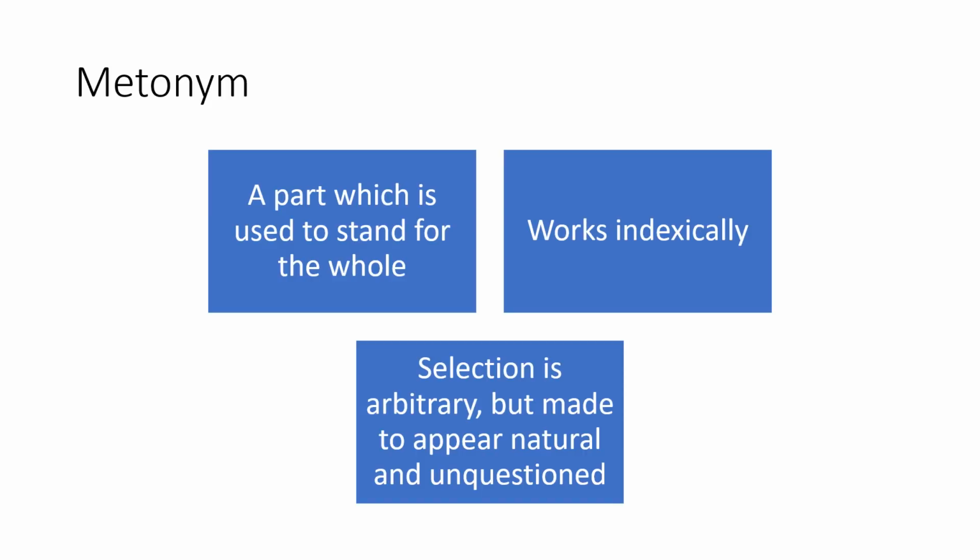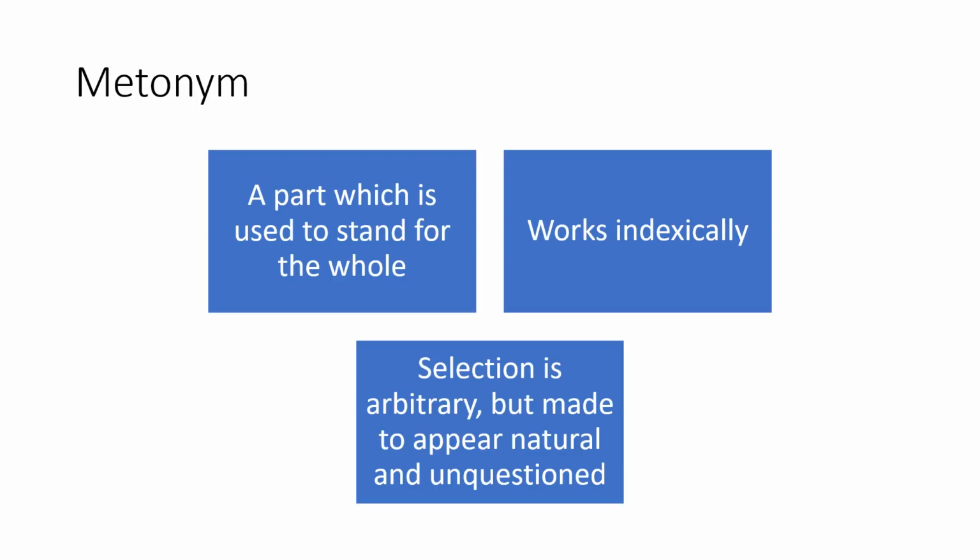But there are elements of metonym in that previous photo of the ad from McDonald's there. So I want to pick up on the idea of metonym and explain how it differs from metaphor and how it works to create connotative meaning.